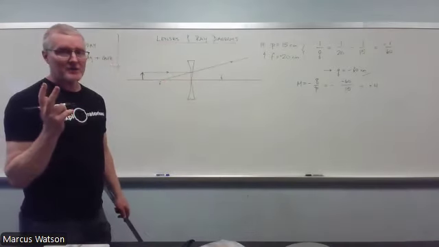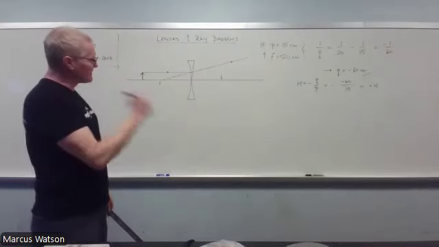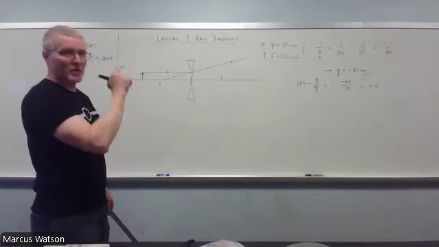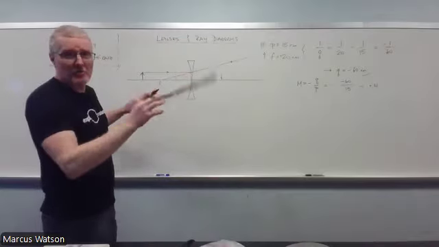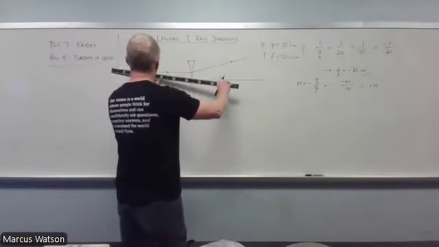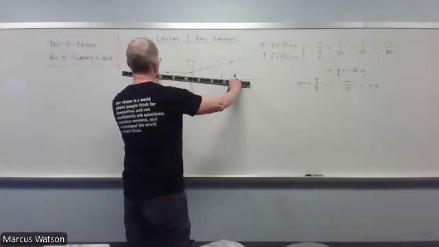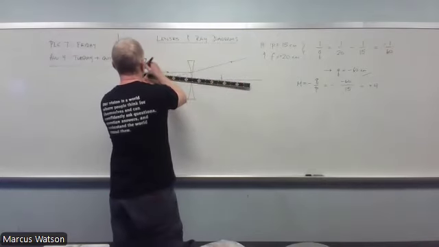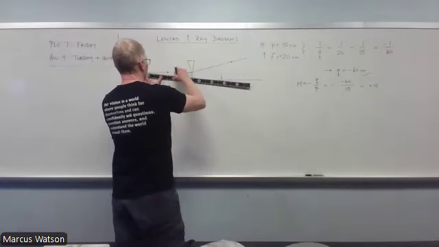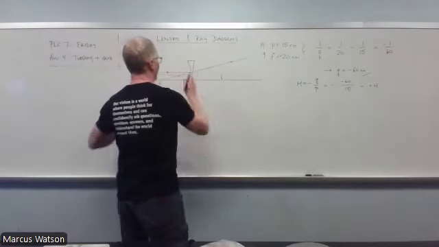I now have the choice of either going through the middle of the lens undisturbed or aiming at the opposite focal point and coming out parallel. I will draw both of those just for your own smiles and giggles. So let's take a look here. I'm going to aim at this focal point here. I'm going to aim the ray at that focal point so that it comes in here, hits the lens there.